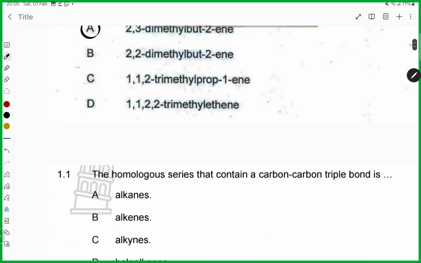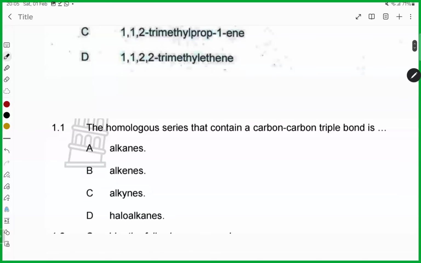Please, I'd appreciate more participation. This is a giveaway, but it's 1.1 in the paper, so you can appreciate why it's so easy. The homologous series that contains carbon-carbon triple bonds. Triple bonds between carbons are?